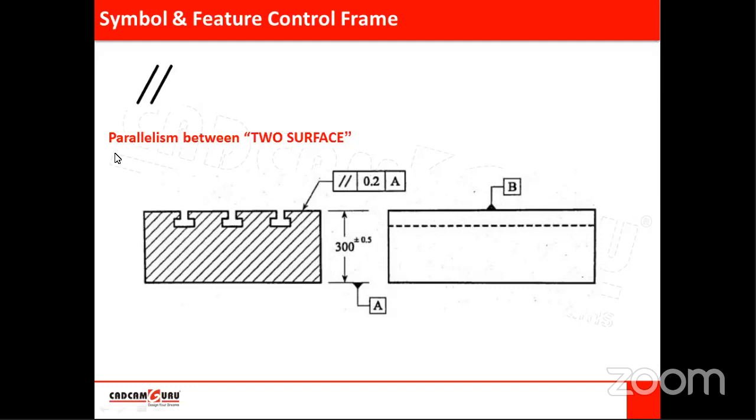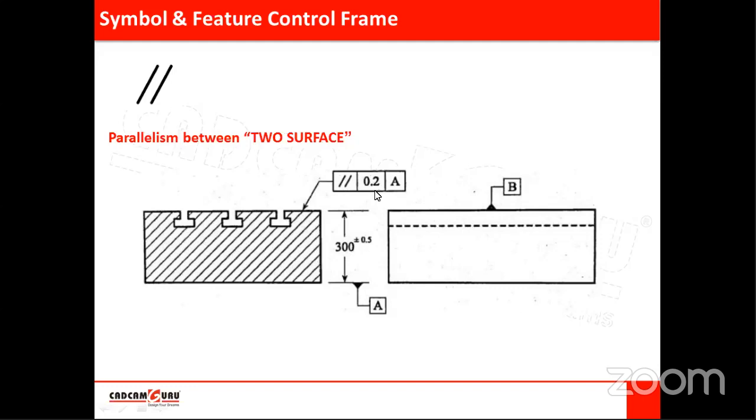If the value defined in the feature control frame is more than this, it is not possible. Here we are expecting 0.5 mm tolerance, and if the deviation is more than that, it will be difficult. We cannot have a deviation more than the size tolerance.